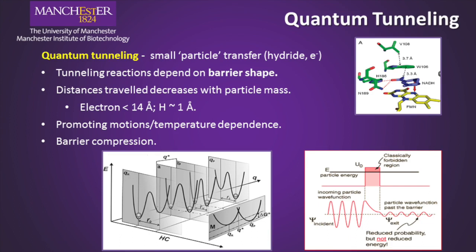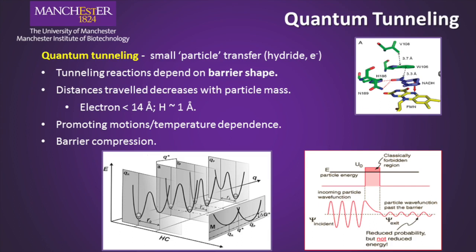These are the typical H transfer distances we see in many enzyme catalytic cycles. The whole process is potentially helped by the inherent flexibility of enzyme molecules, so-called promoting motions that are part of that flexibility, which help to manipulate the barrier properties, thereby facilitating the quantum tunneling process.